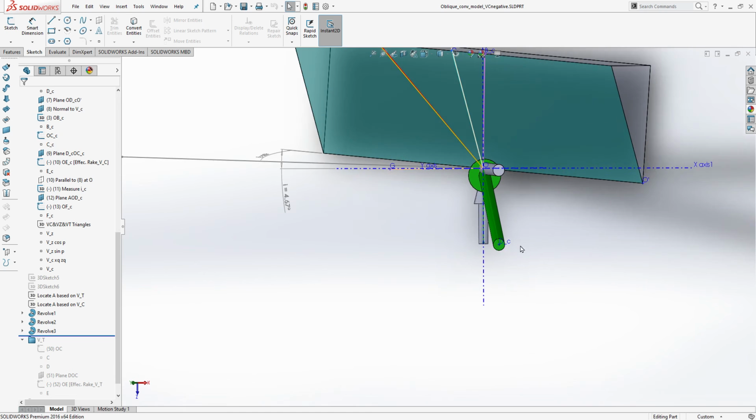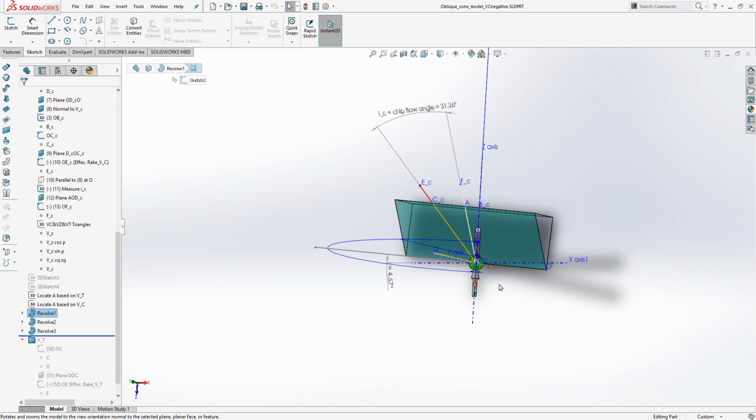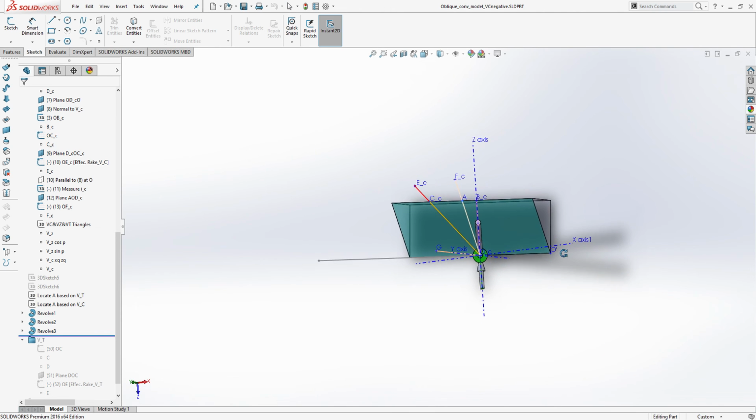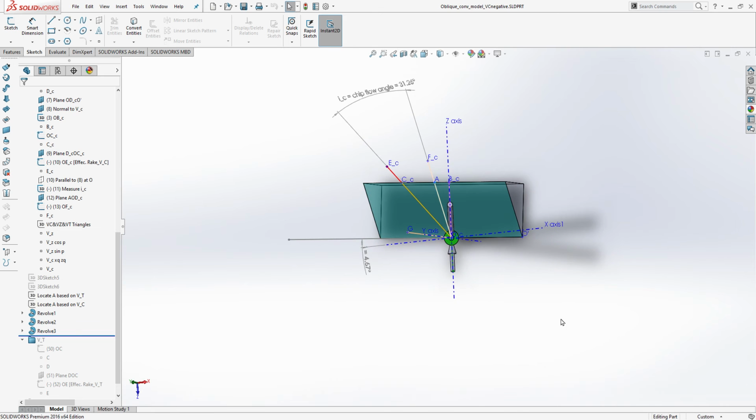So now I'm taking a normal view to the cutting velocity. Maybe it will look like this. Now this is the tangential velocity and this is the oscillation velocity. So it will look like this.